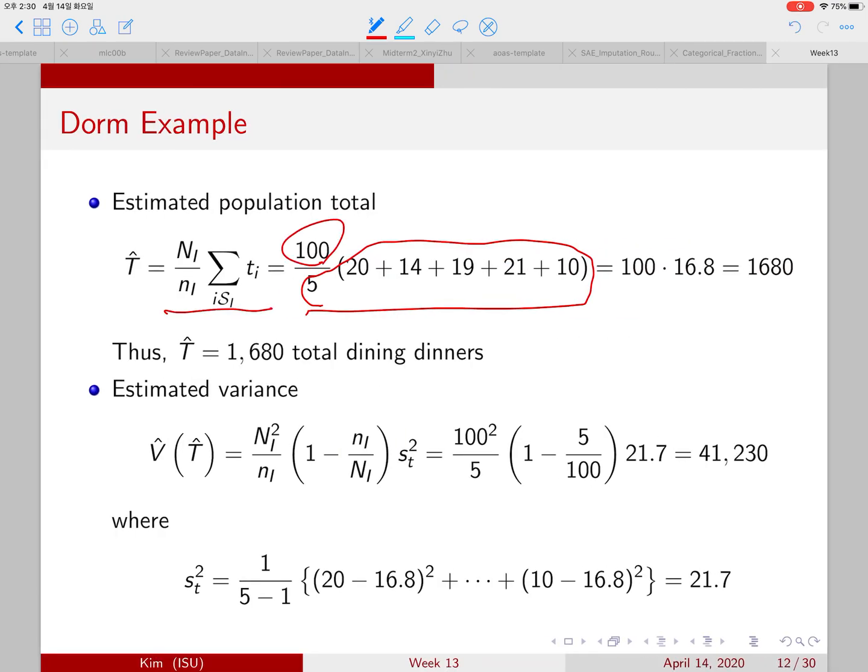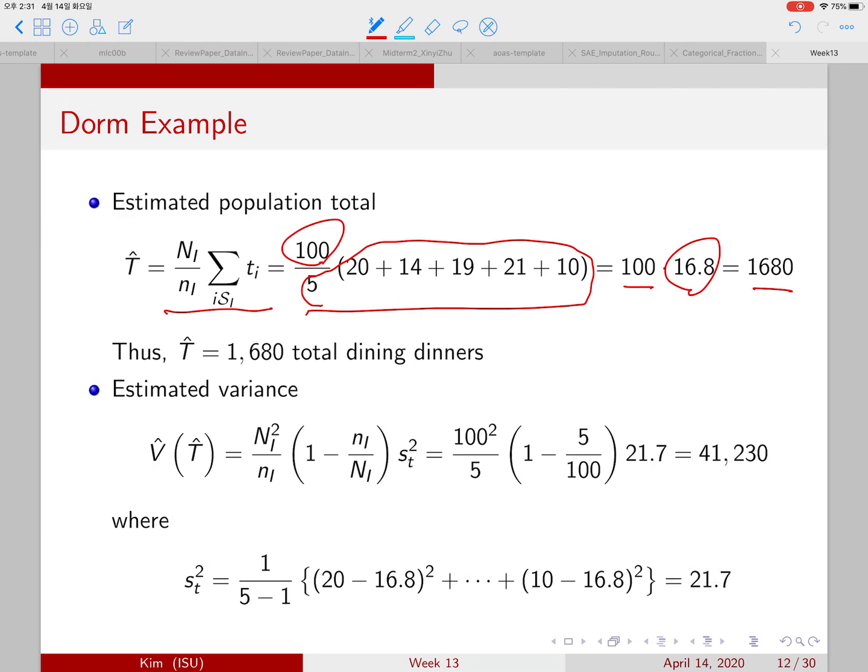That's what this formula is about. The average number of nights per room is 16.8, and multiplying by 100, we obtain 1680. That is the total number of dinners.